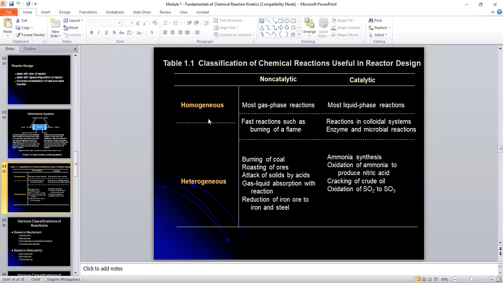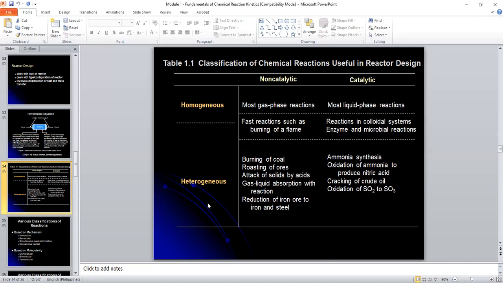If it's homogeneous, we see only a single phase, and this is the case for most liquid reactions. Heterogeneous is the case for solid-liquid reactions or solid-gaseous reactions, especially in fixed bed reactors or fluidized bed reactors. So generally, this is how we classify them.